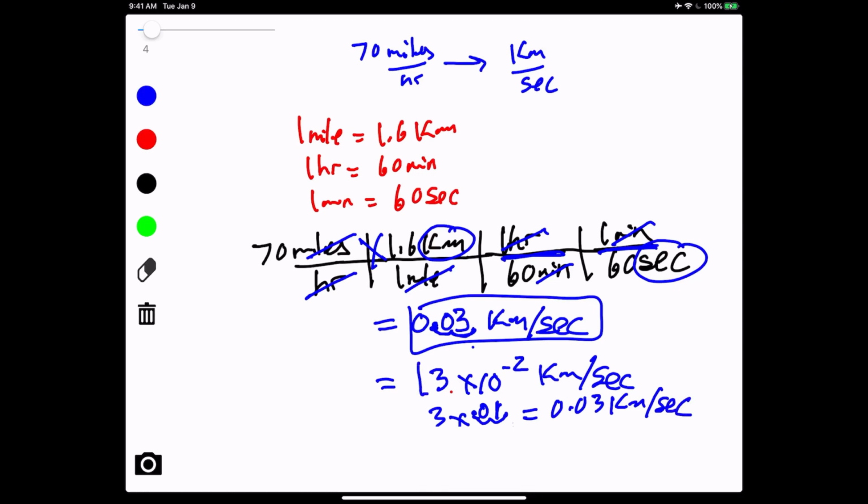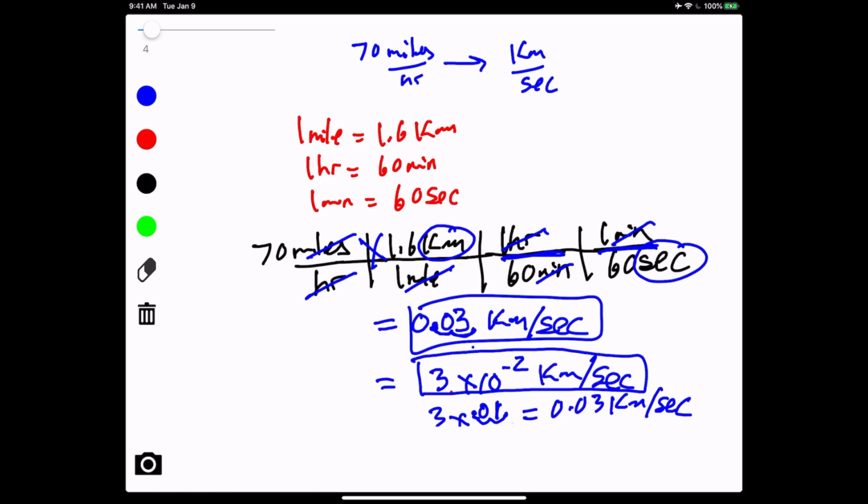But like I said, it's nice to get used to writing in scientific notation, because when you start dealing with really, really big numbers or really, really small numbers, having a bunch of zeros and or significant figures can get really cumbersome. So the use of scientific notation is really quite helpful.